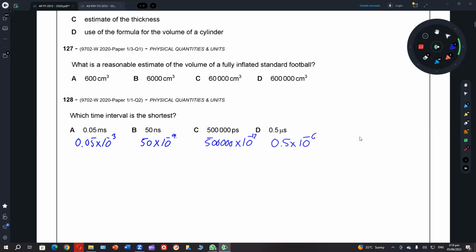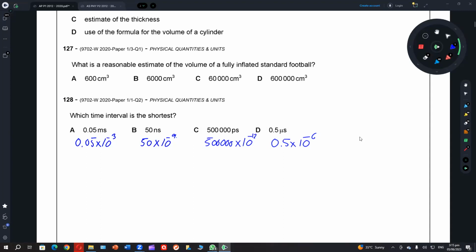You have to convert every one of them in a scientific notation. I mean to say 5 should be the first number. The B option is coming as the largest time interval. Have you converted all of them?